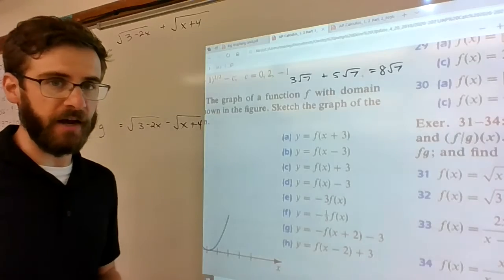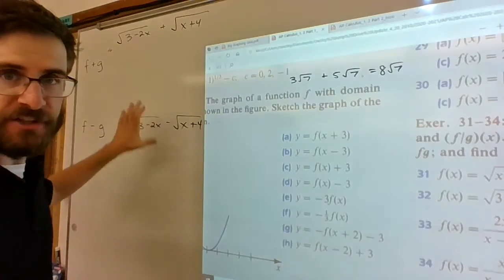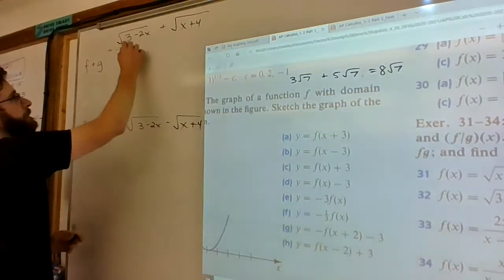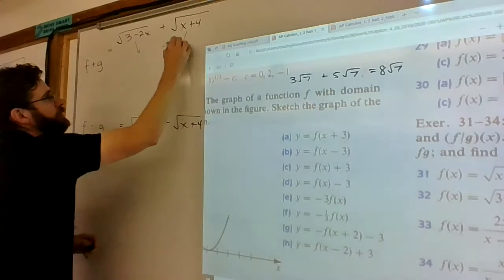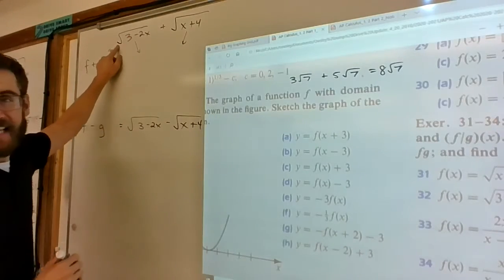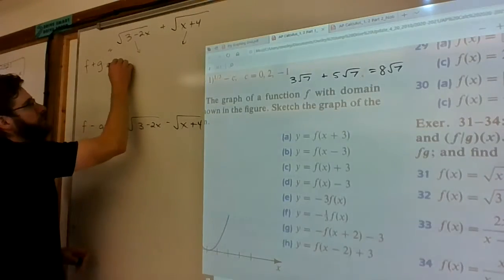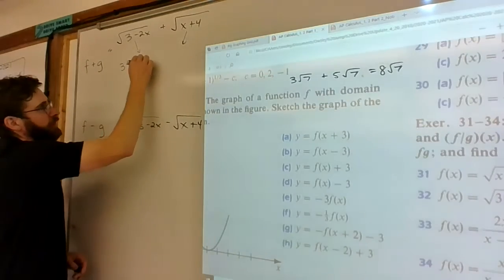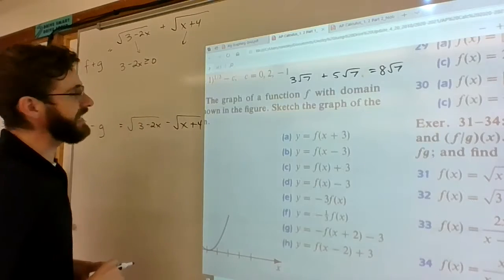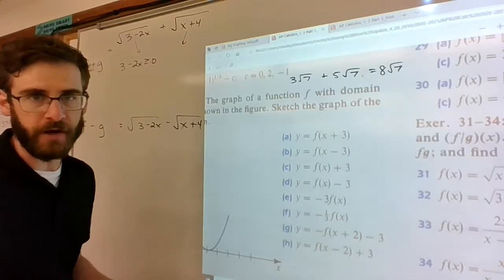And here's what you do beyond that. To find the domain of these two functions, you have to take into account the fact that any even root has to be greater than or equal to 0. So 3 minus 2x is greater than or equal to 0, and at the same time x plus 4 has to be greater than or equal to 0.